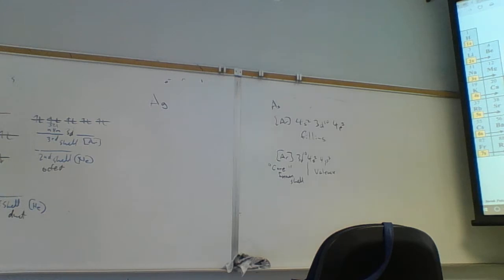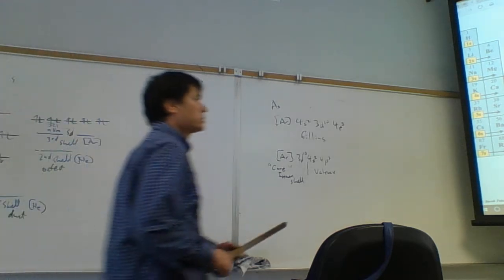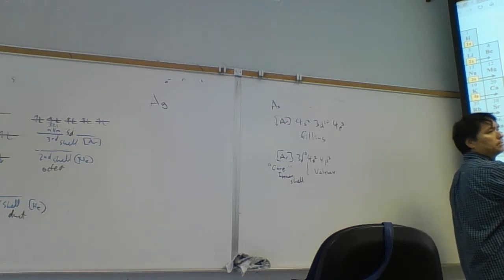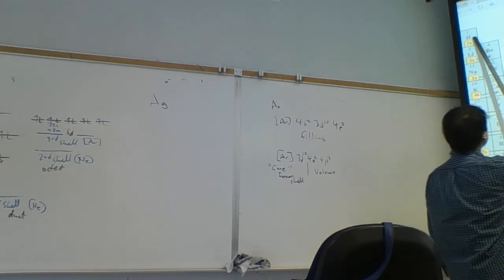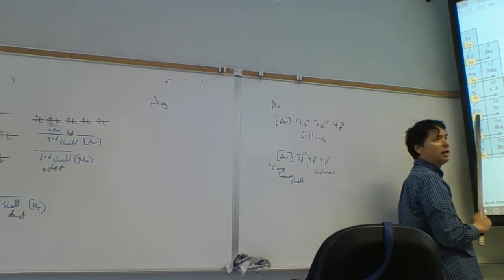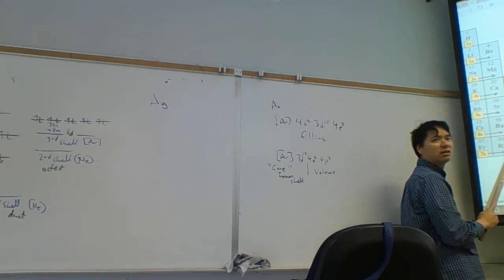Yeah, we're going to start. If we're looking at Ag, Ag is in which shell? Ag is in the first, second, third, fourth, fifth shell. Ag is in the fifth shell.